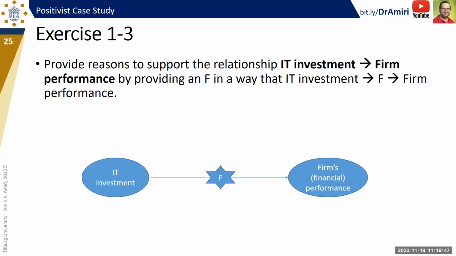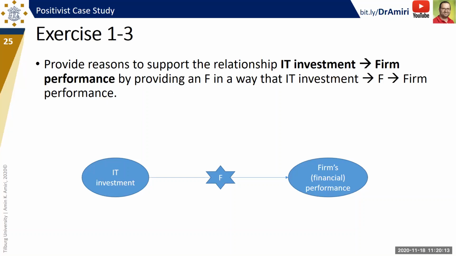One idea can be improving IT investment will improve employees' productivity, and improving employees' productivity will improve process productivity, business process performance measures, and improving that will improve firm's financial performance.